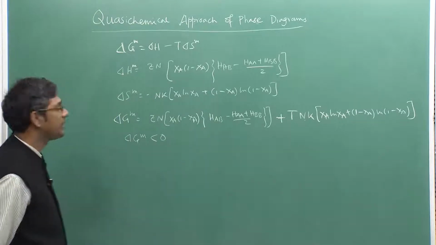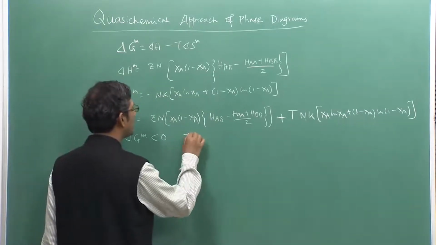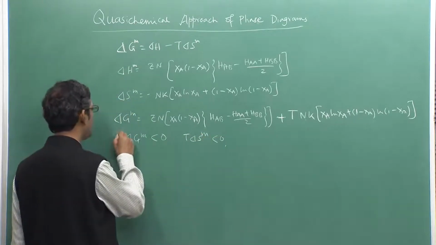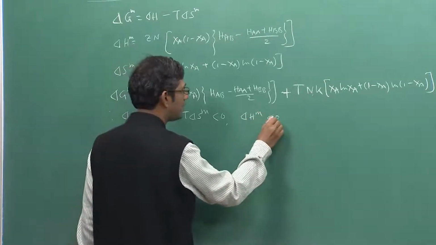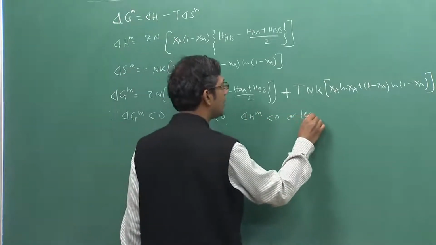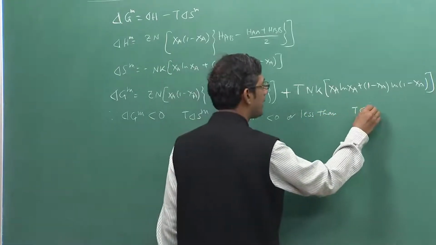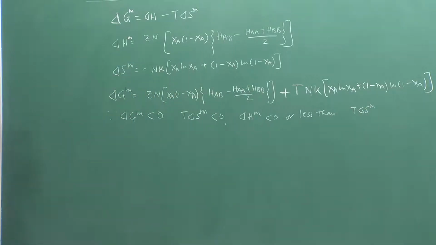So let us be very clear: the T delta Sm term is always negative. For delta Gm to be negative, delta Hm must be either negative or less than the T delta Sm term. That is very clear. If that is the case, then solid solutions will easily form.